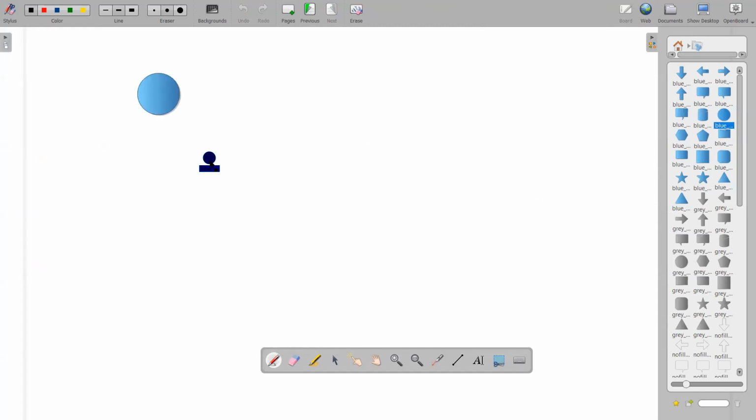Now here I am making the unit cell of AAA type. So the unit cell of AAA type looks like this.